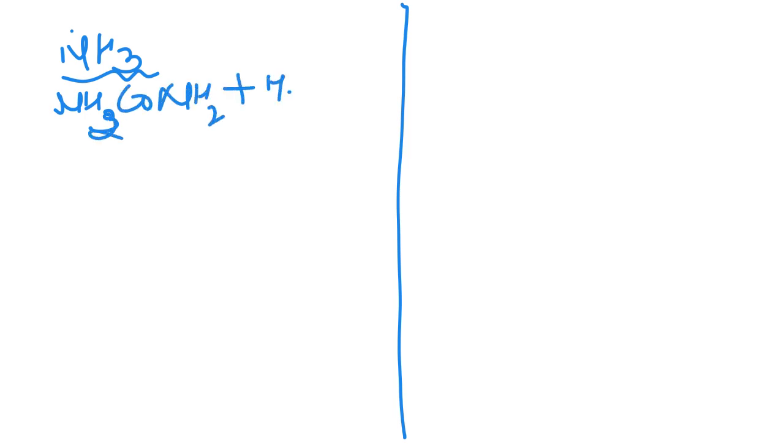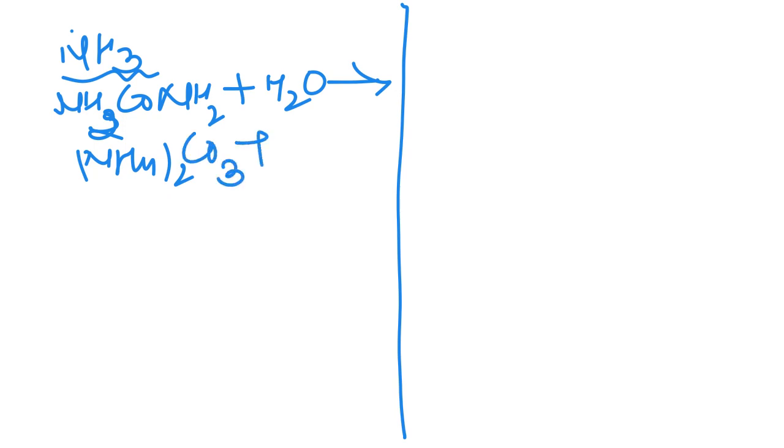Urea. And then react it with water, you will get ammonium carbonate. Then this ammonium carbonate can further decompose to ammonia and water and CO2.